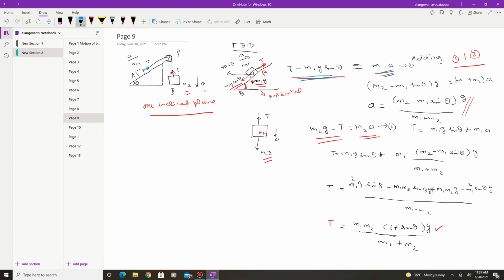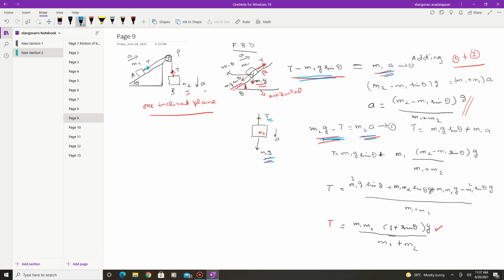Now you consider the second block, M2. The tensile force is acting upwards, and the force due to gravity, M2g, is acting downwards. Since it is moving vertically downwards, M2g must be larger, so M2g minus T is equal to M2a.